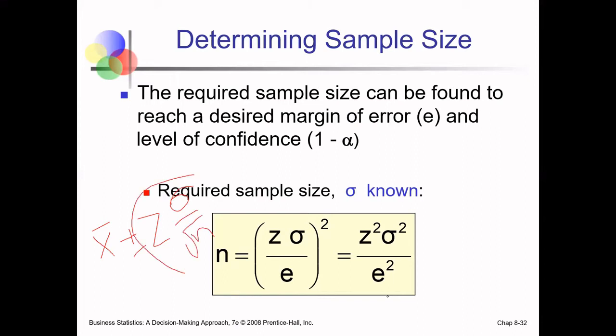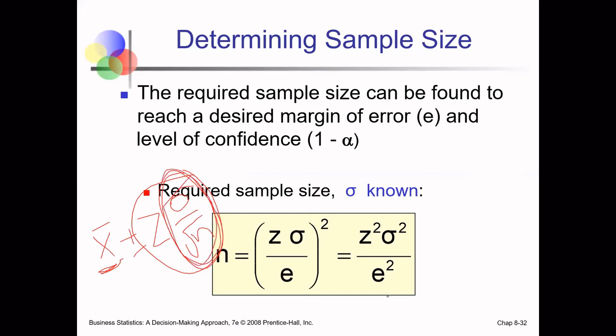The part after plus minus is known as E, the margin of error. This is the point estimate plus minus the margin of error. The critical value and the standard error, combined, give the margin of error.